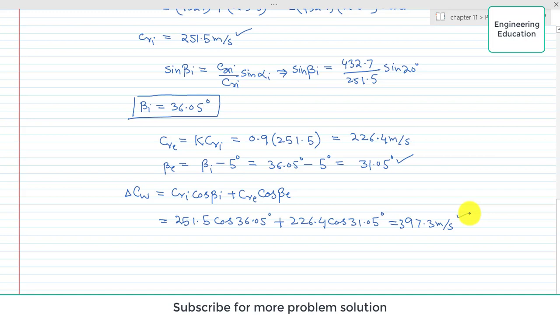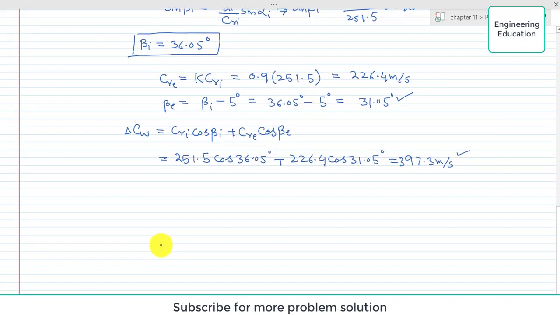Now to find the diagram power, we are now able to find the required parameters.